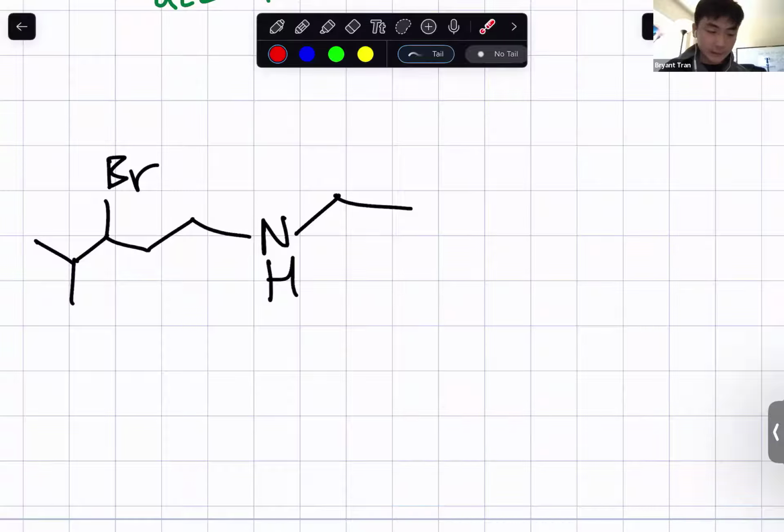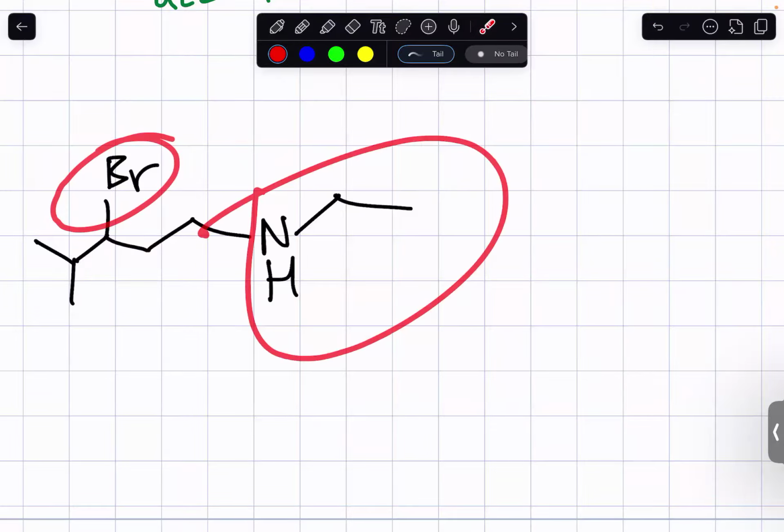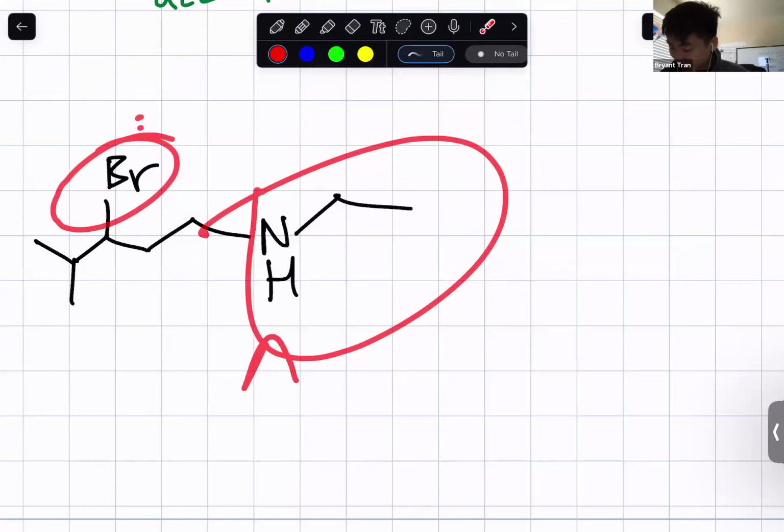What functional group do you see that is the highest priority group here? The N one, right? The amine one.